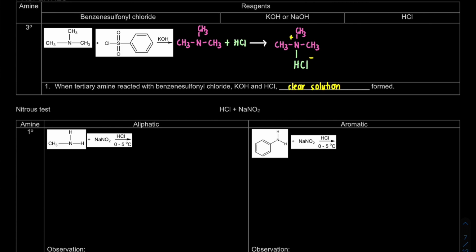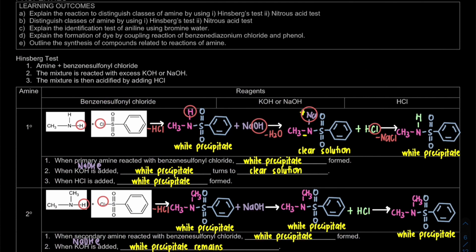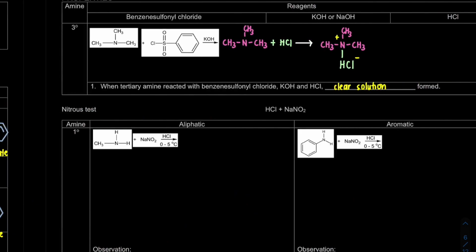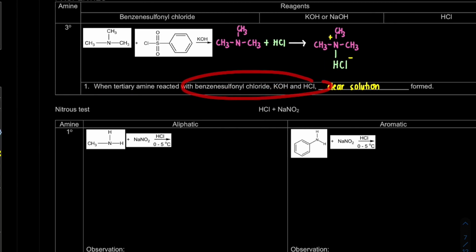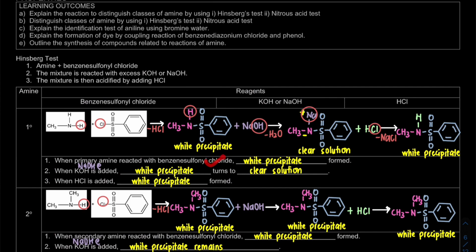Only for the tertiary one, for the primary and secondary, we have three observations, whether there are changes or not, and we write them down. But for the tertiary one, this is a single case, only one observation, the exceptional case. So we have to mention when the tertiary amine reacted with benzene sulfonic chloride, KOH and HCl, all at once. Previously it was one by one, react with benzene first, then KOH, then HCl.